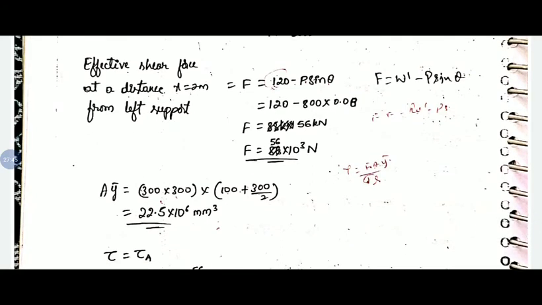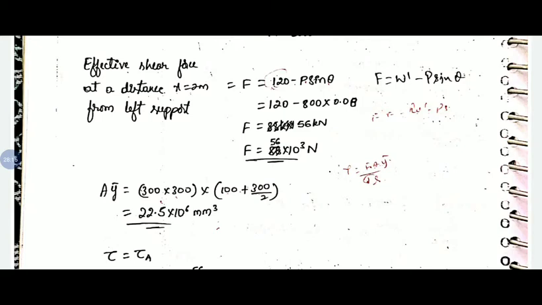A Y bar. So 300 is the width of the section, depth 100 mm below the neutral axis or centroidal axis, meaning the centroidal axis is located at 400 mm. So 100 mm below the centroidal axis, the remaining portion we need to consider is 300 mm. So 300 into, with respect to centroidal axis of the section we are calculating Y bar, so 100 plus 300 by 2.